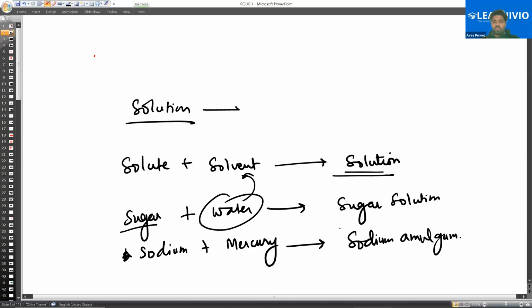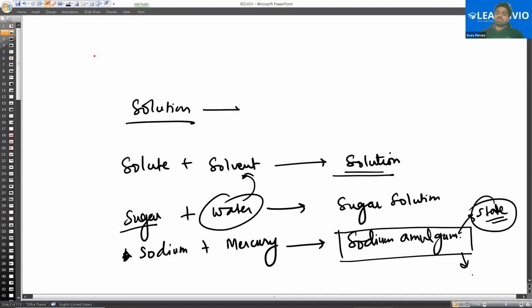Whatever the state of the solvent is, the solution will be in exactly the same state as the solvent. If the solution is solid, check which is solid here. Sodium is solid at room temperature.